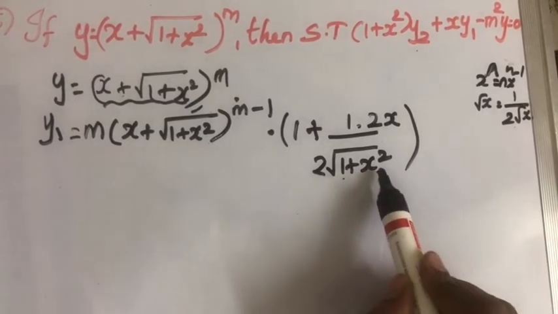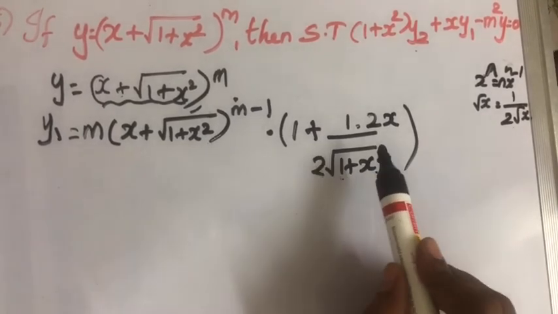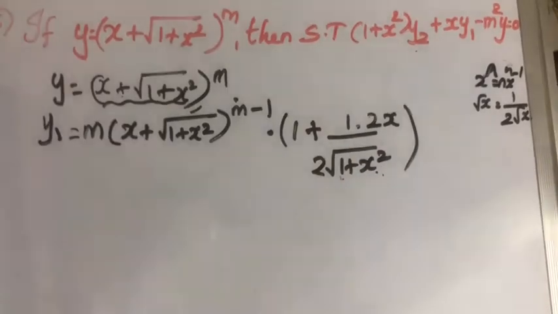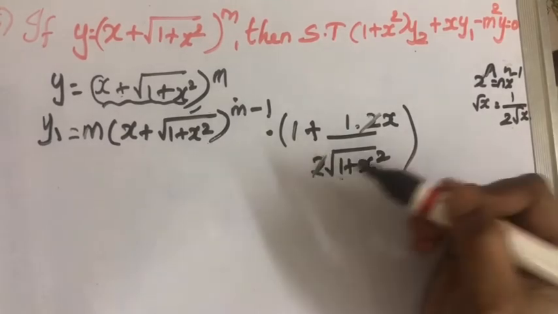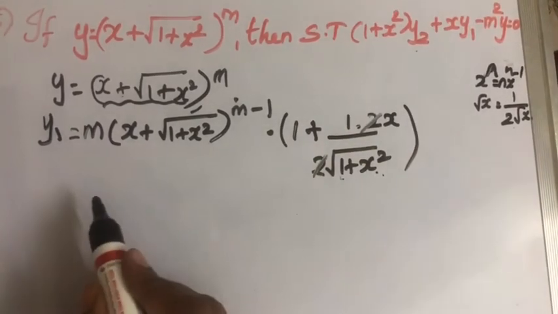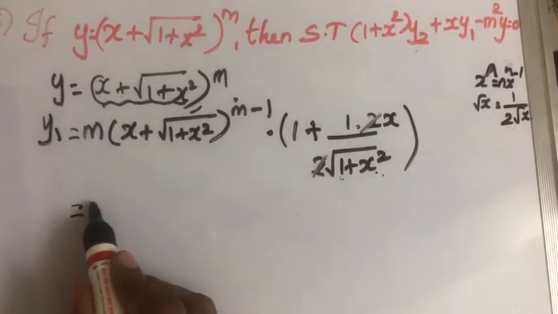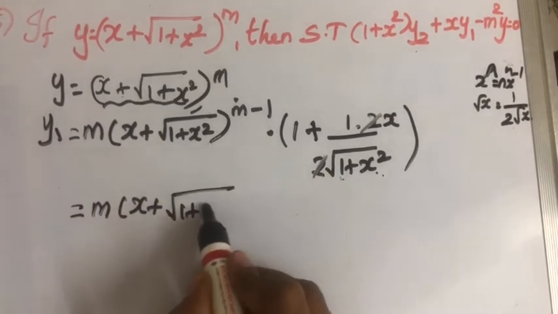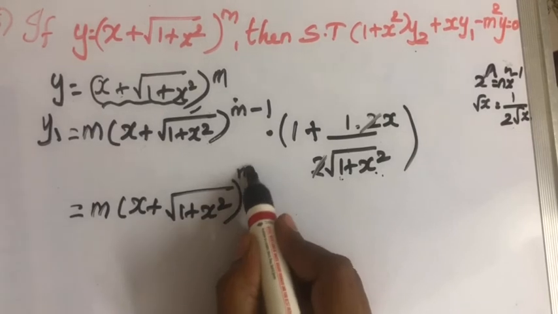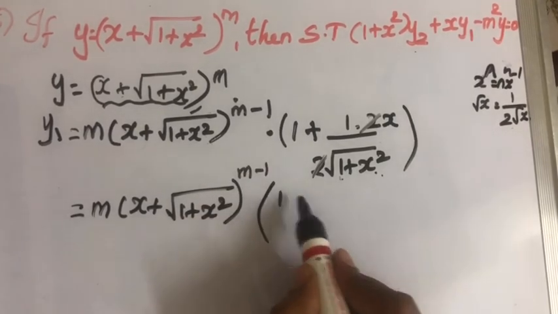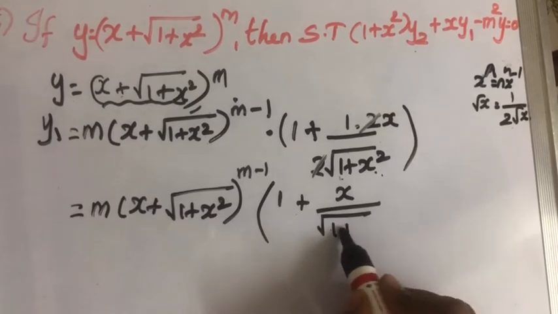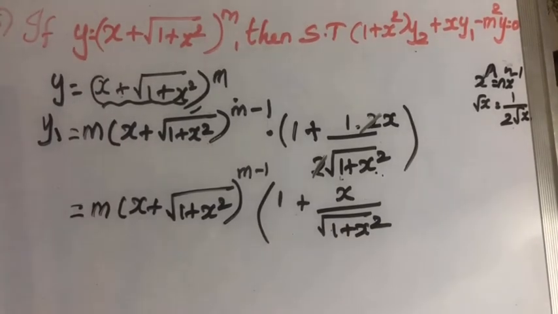Differentiating 1 we get 0, so we can ignore it. The differentiation of x square is 2x. Now we can simplify, cancelling 2 and 2. So this is equal to m into x plus square root of 1 plus x square, the whole power m minus 1, into 1 plus x divided by root of 1 plus x square.